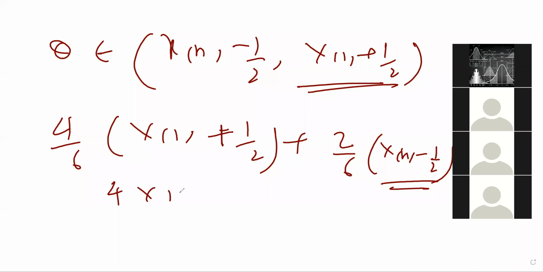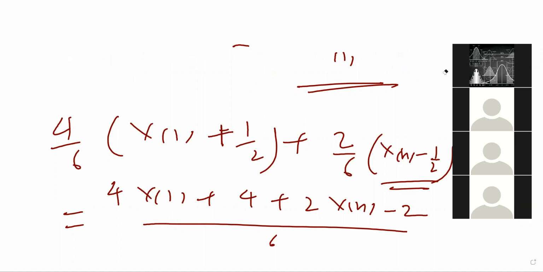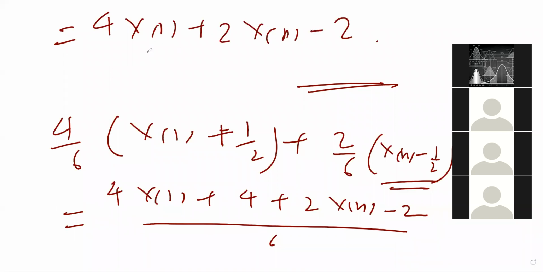So it will be 4x1 plus 4 plus 2xn minus 2 upon 6, which equals 4x1 plus 2xn plus 2 upon 6. So is the first option right or not?